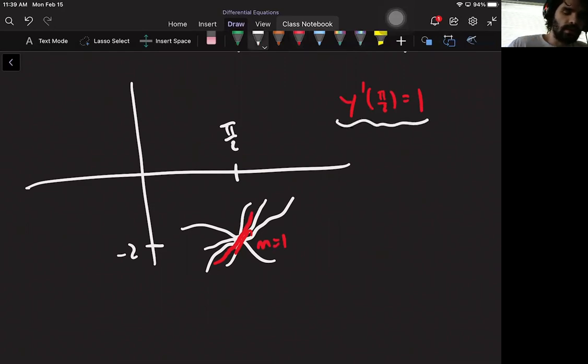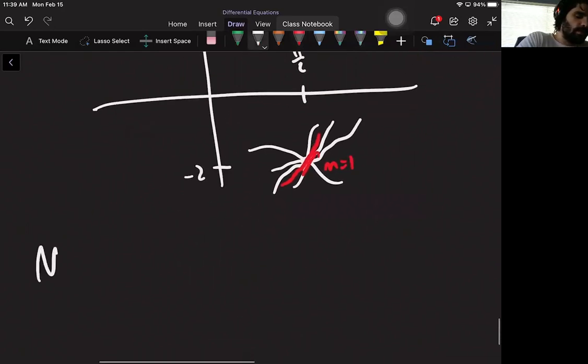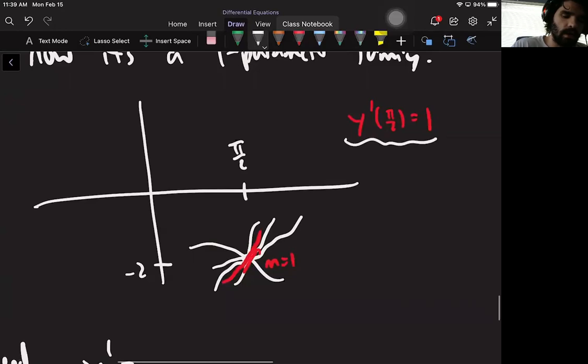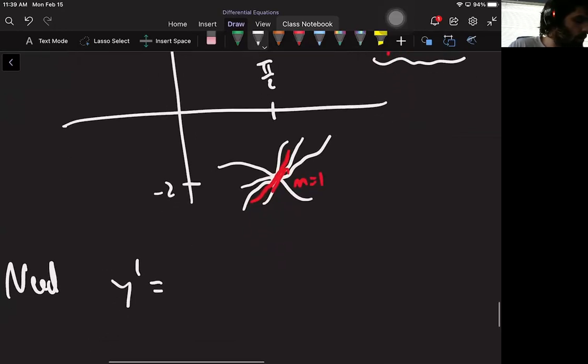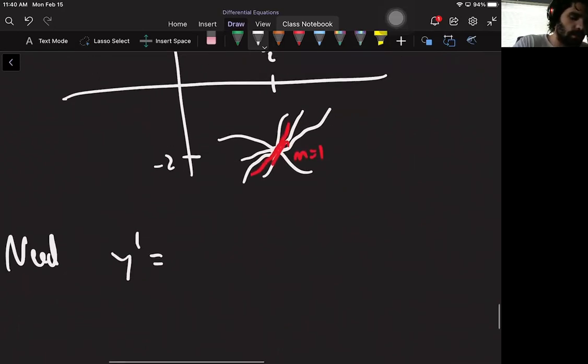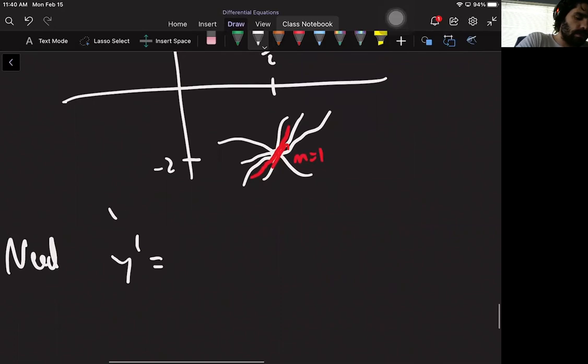Okay, so actually imposing this condition is not so bad. It just means I need the derivative so that I can plug pi over 2 into it and set it equal to 1. So what's the derivative of this function? Let's see, I have to rewrite it here.